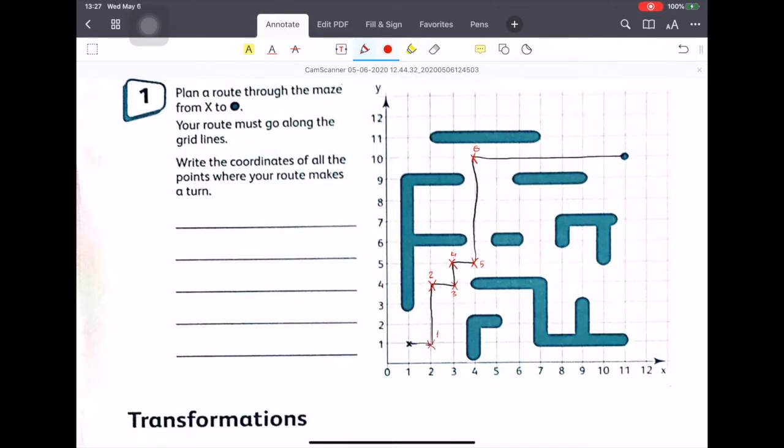All right, it's time to analyze it. Talking about point 1, we are going to have x as 2 and y as 1. Talking about point 2, we are going to have x as 2 and y as 4.